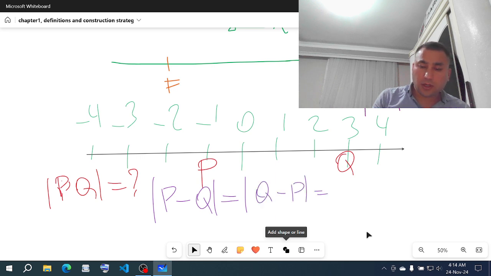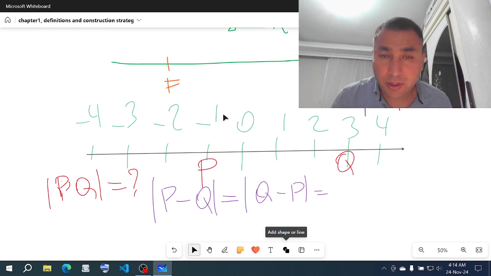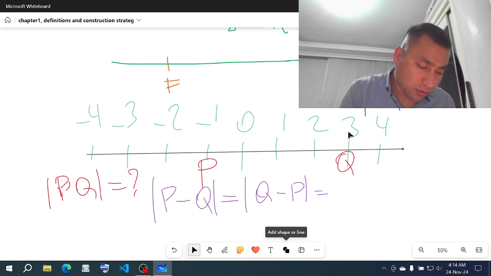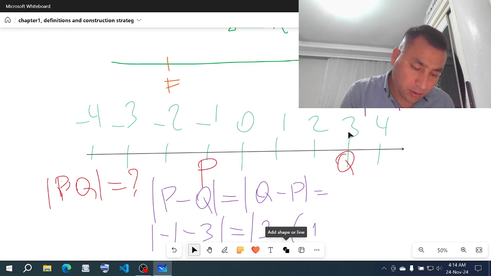As long as you do that, the distance is going to be positive. So P is minus 1, Q is 3. Q minus P, 3 minus minus 1.